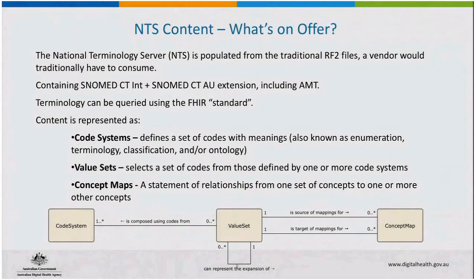Okay, so the RF2 reference sets are still available as implicit value sets. A full list of those is available on the NCTS website under the Access SNOMED CT section.